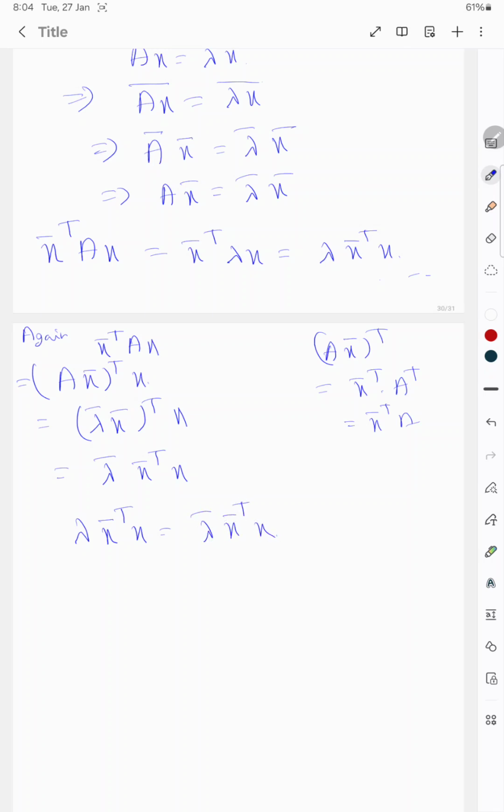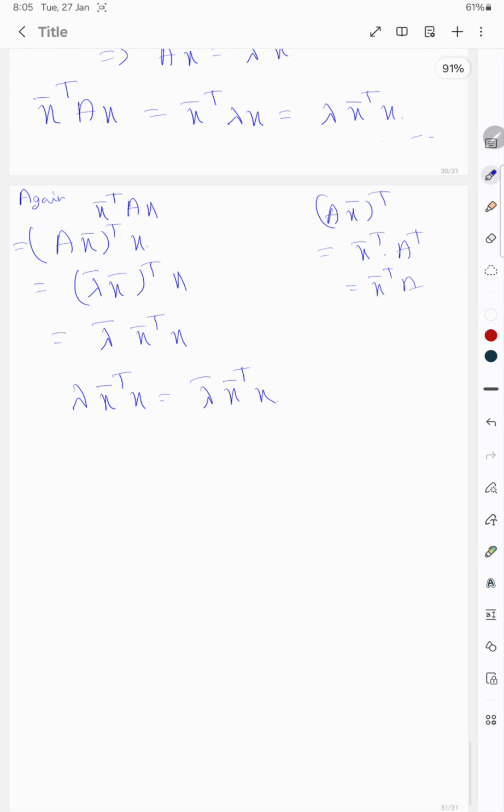What you are getting from here is lambda minus lambda bar into x bar transpose x equal to 0.